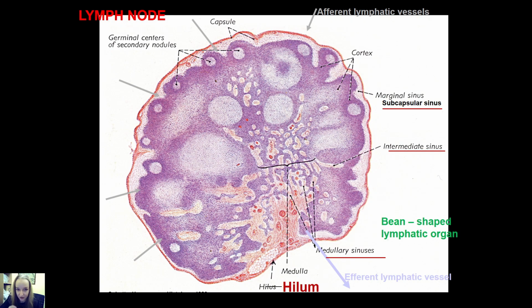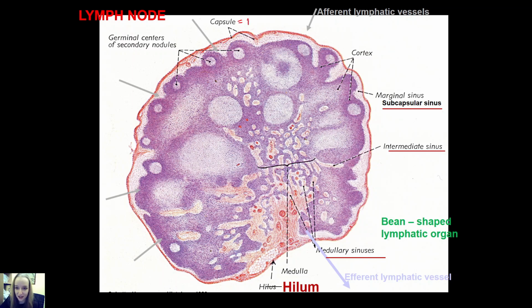here to another picture. This is a better picture, I guess. This is also a normal picture, and once again what we can see right here is a capsule all around. Normally when you find a capsule that is encapsulating some organ, it's made of dense irregular connective tissue.